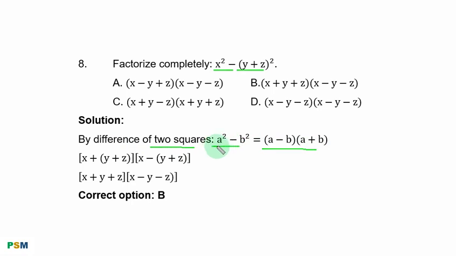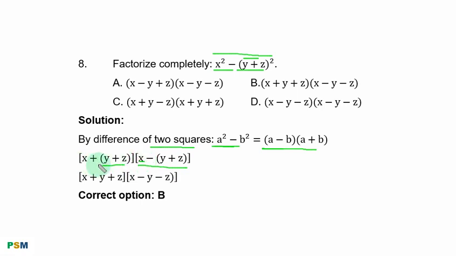If you compare this to this, it simply means that a is equal to s and b is equal to y plus z. That is the meaning. So you come here, you replace a with s, then b with y plus z. Then the first term here is the second term here. You have the same result, but the sign is negative.